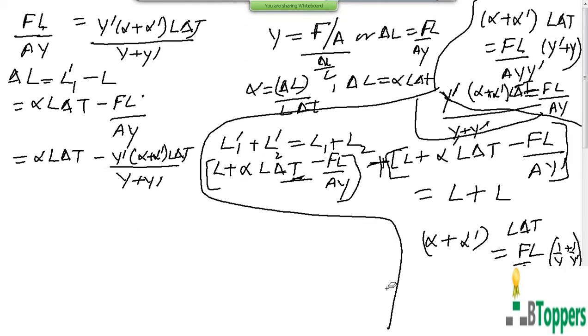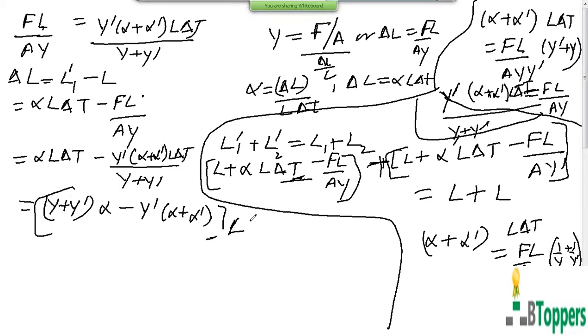So we can simplify this further. So Y plus Y dash into alpha minus Y dash into alpha plus alpha dash. You can take L delta T common in both the terms.